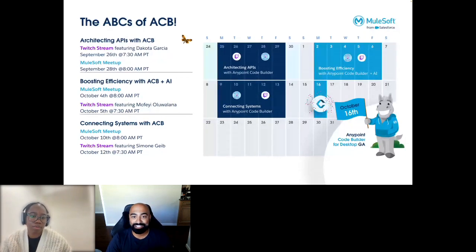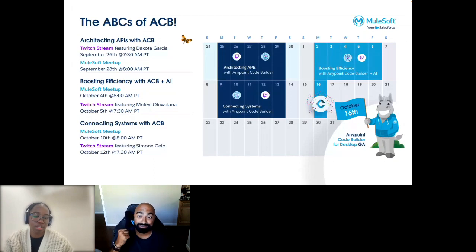For GA, we want everyone to come in and have a little personal experience. So actually pay attention, because there's going to be a quiz on everything we're learning in these past 3 weeks, really testing your knowledge on the ABCs of ACB. So definitely join us next week to dive into connecting systems with Anypoint Code Builder. Simone will be there, leading the charge on that.